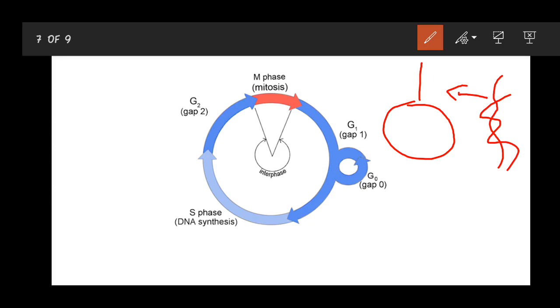That means if you are counting the number of solenoidal threads inside the nucleus of a human cell during the G1 phase, you can see such threads numbering 46. You can see such 46 threads of solenoids.